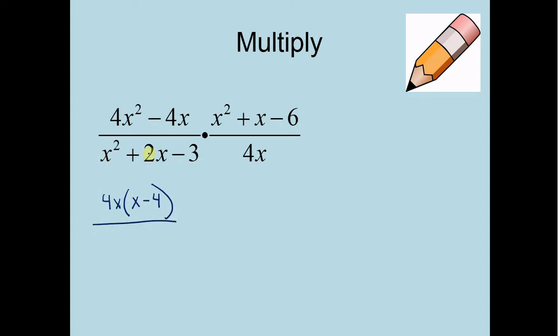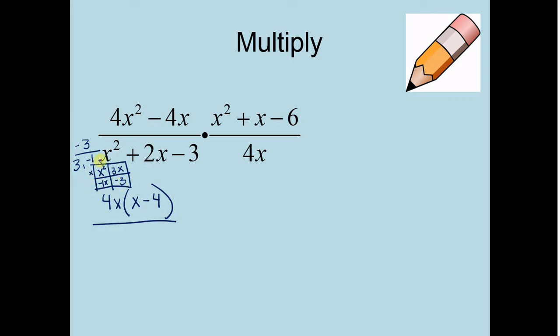Now for the bottom here, I'm going to have to remember how to do that. My AC is negative 3, so a positive 3 and a negative 1 should give me that positive 2. If I make a little tiny box, I'm going to have x squared, 3x, negative 1x, and negative 3.